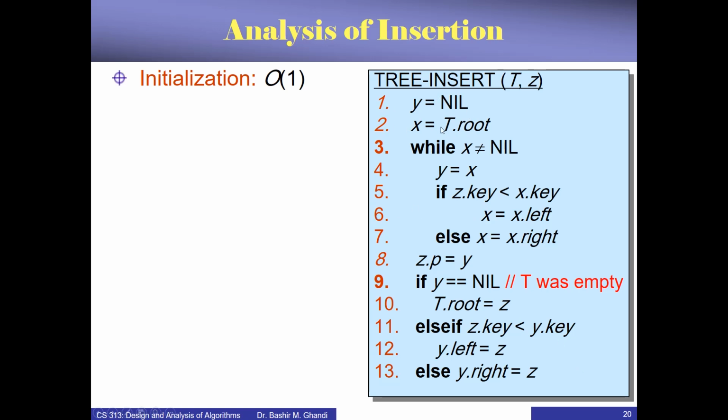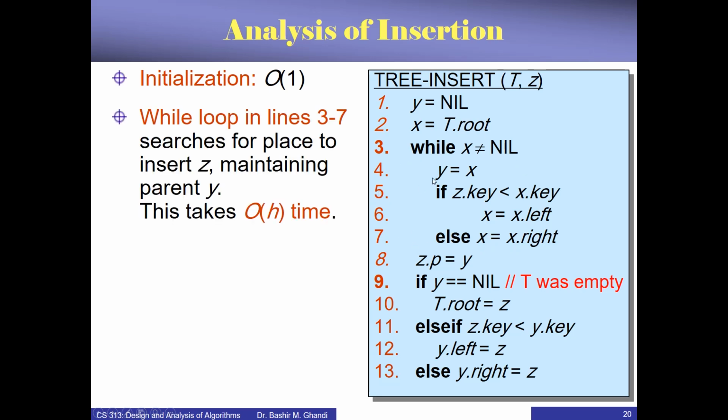Obviously, the initialization here is constant, so big O of 1. And this loop is going across the height of the tree, so it's O of h. Lines 3 until 7 is a loop that is going down the tree level by level, so the running time is big O of h.